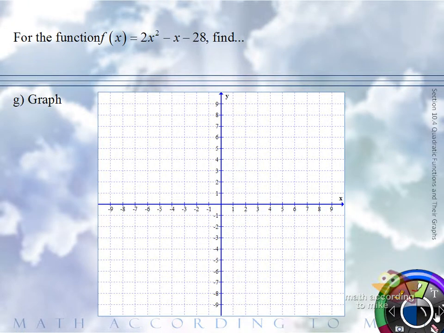We're going to make the y scale count by 4s. So please make a little note. So this is 4, 8, 12, 16, all the way up. And same thing down here, -4, -8, -12, -16. So my bad. I forgot to change it.